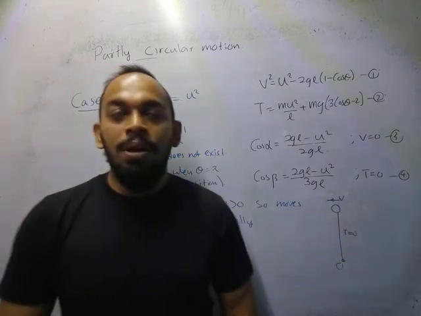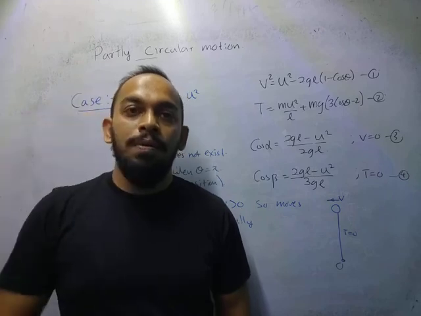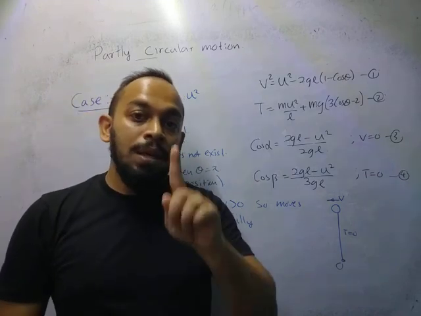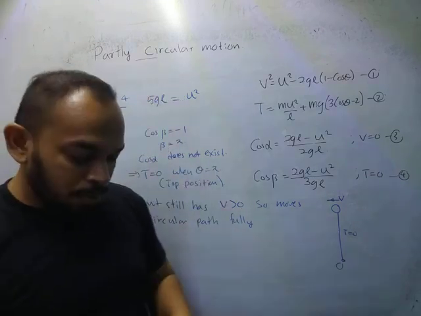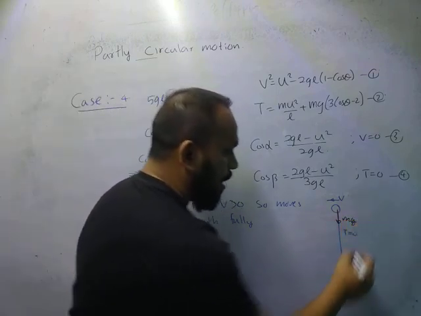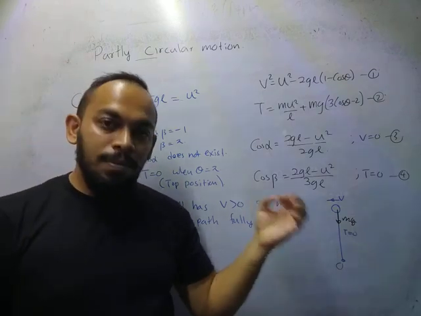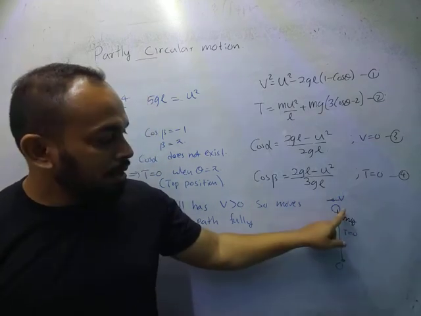One might think that if tension is 0, there is no force directed towards the center. But think about this: at this position, mg acts exactly towards O, which supports the circular path.